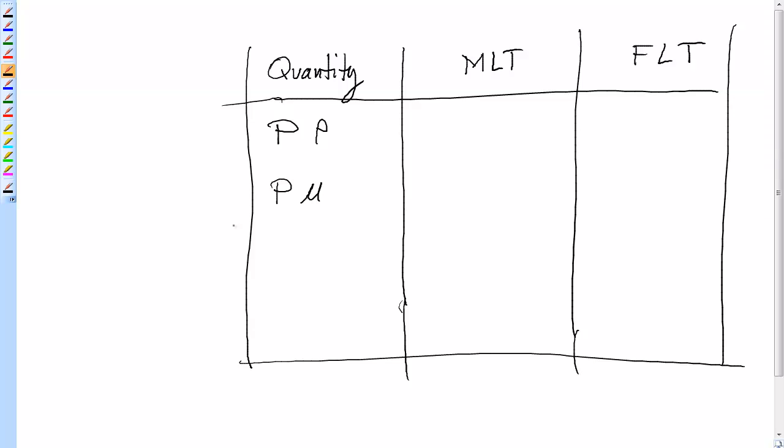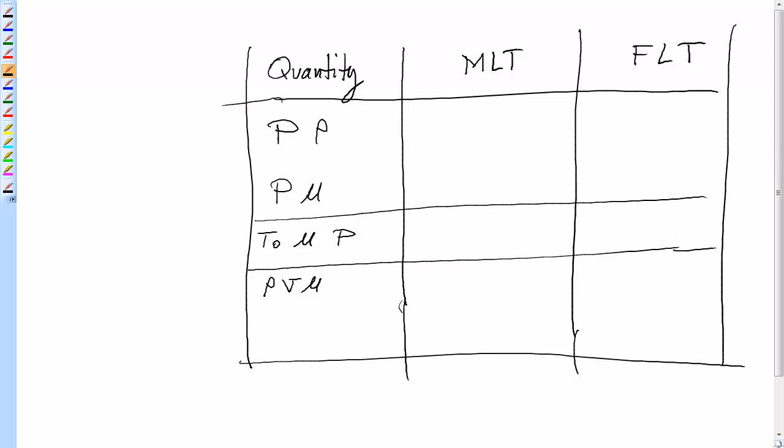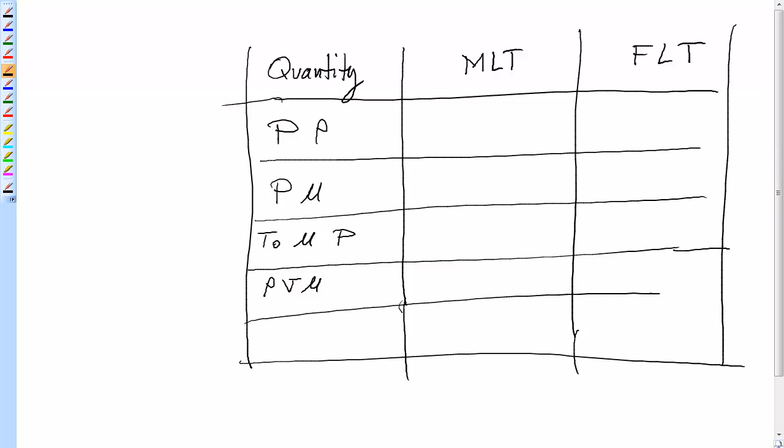How about just anything? It doesn't even matter. How about torque? Just call it TO for torque times viscosity times pressure. Rho velocity times mu. Just create as many as you want and go through the exercise of filling out the table.